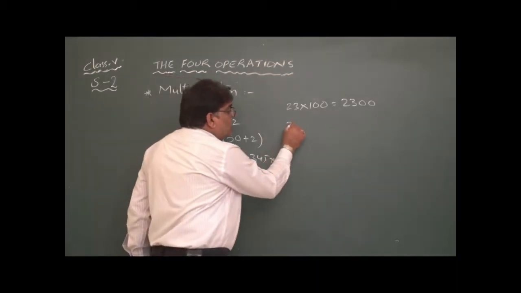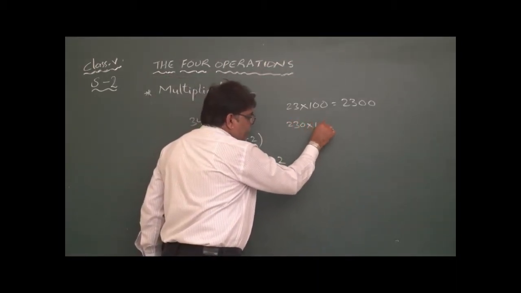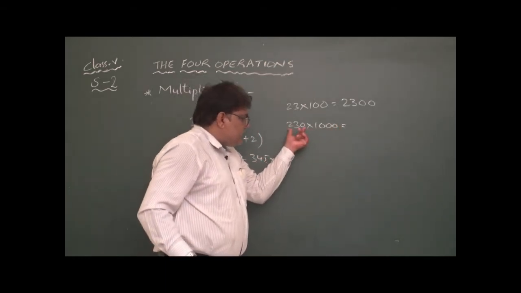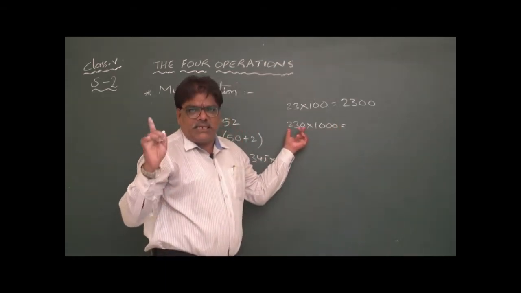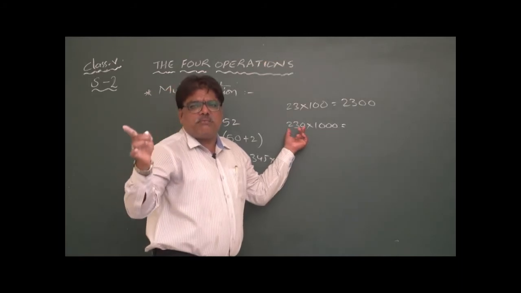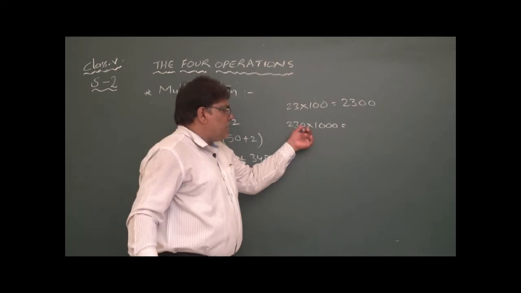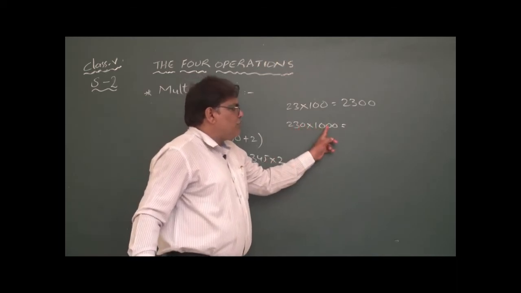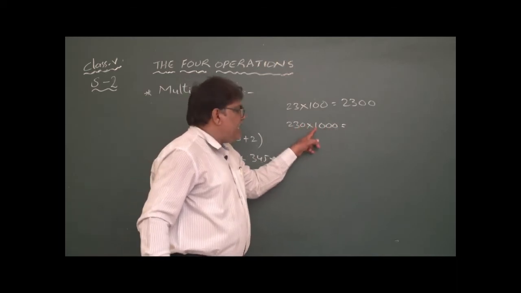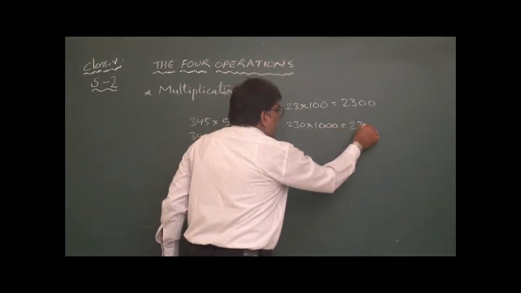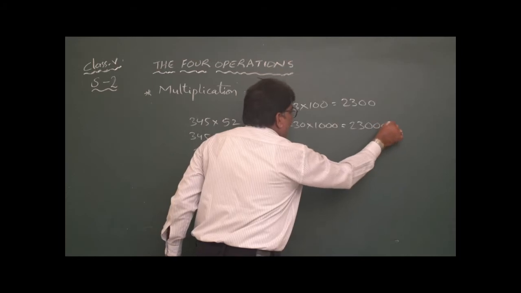Or 230 into 1000. Is this number a whole number? Yes. Whenever the ones place is 0, the number is called a whole number. So here 1, 2, 3, 4 zeros.